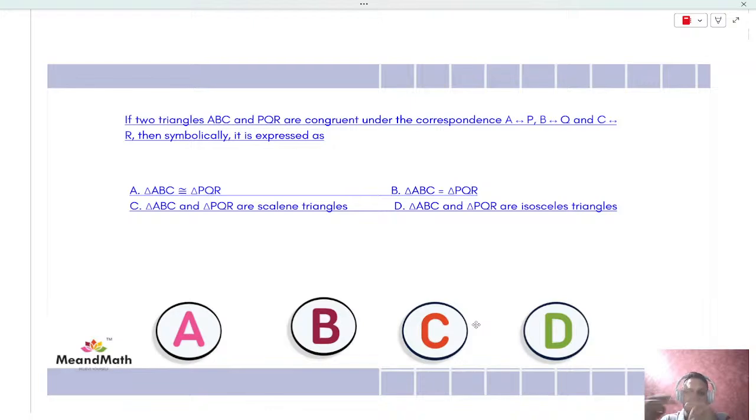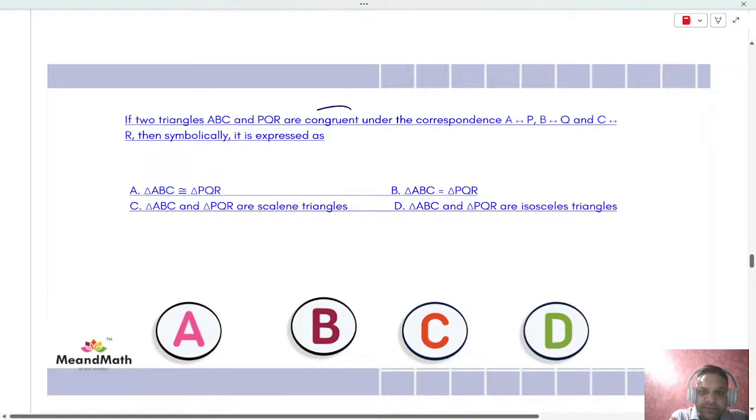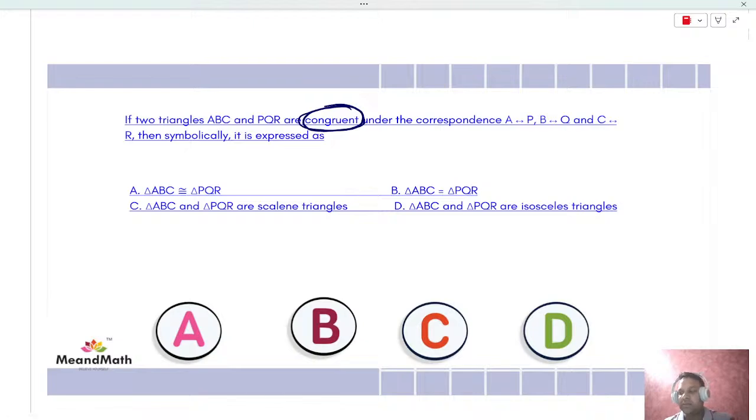Two triangles are congruent, then which option is correct? Question is about congruent. Question is about congruent.